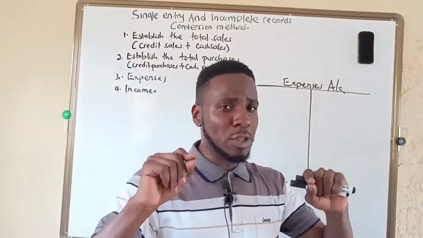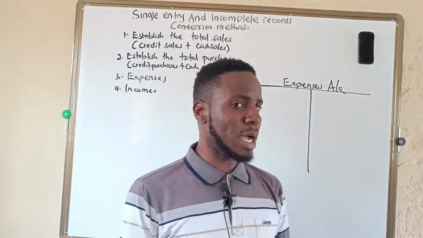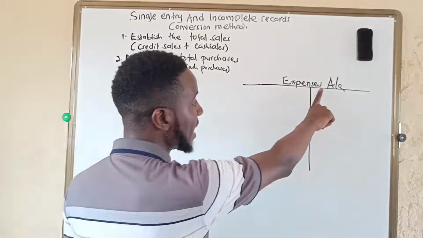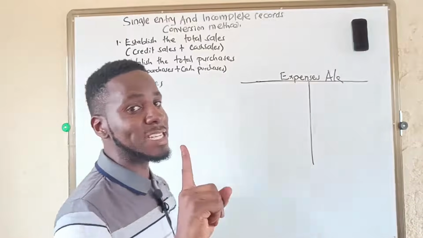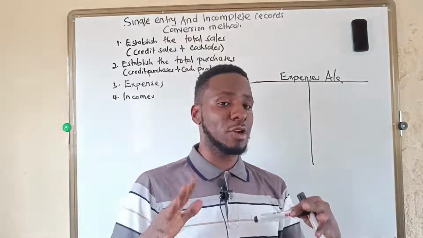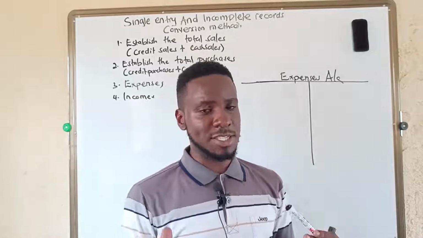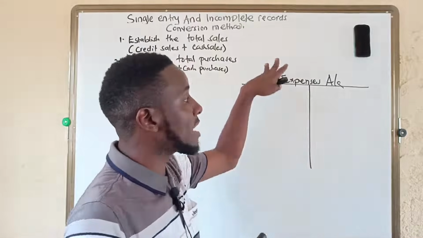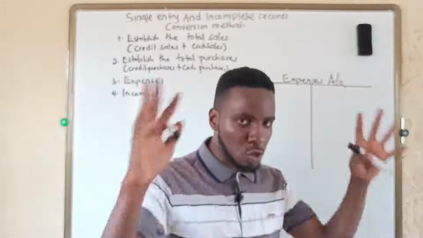So, like you know that all assets have a normal debit balance. So, if it is prepaid, now I'm using expenses as a general word, but it could be an expense they give you because they are going to give you different expenses. Let me say they will give you electricity, they will give you salaries, they will give you rent, whatsoever they give you, that's what you're supposed to put. But right now I'm using expenses as a general word.